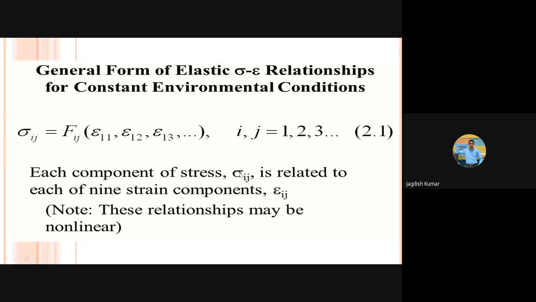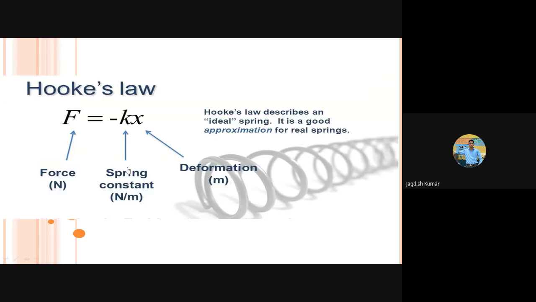Sigmas represent stress components. Stress means related to force, right? Okay, this is not force actually, I'm sorry for that. This is stress. It is a function of strains. Same thing as here: if I take this force divided by area, it will become stress. It is some function of strains, where strain is deformation per unit length.